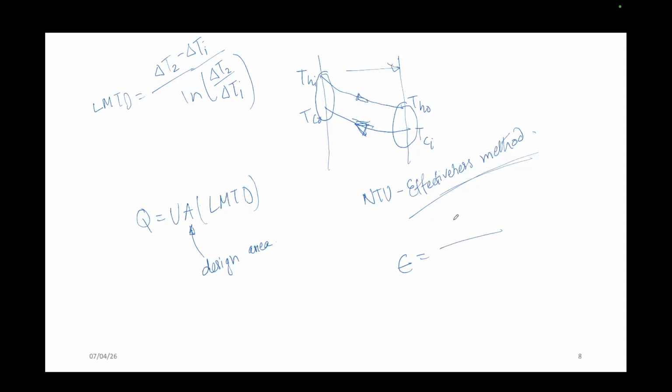It is Q actual divided by Q max. How will you find Q actual?